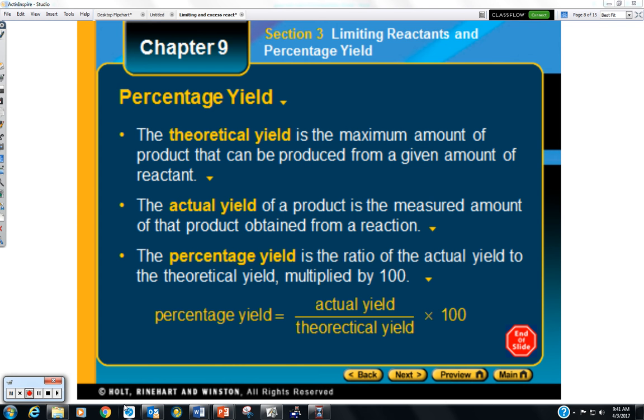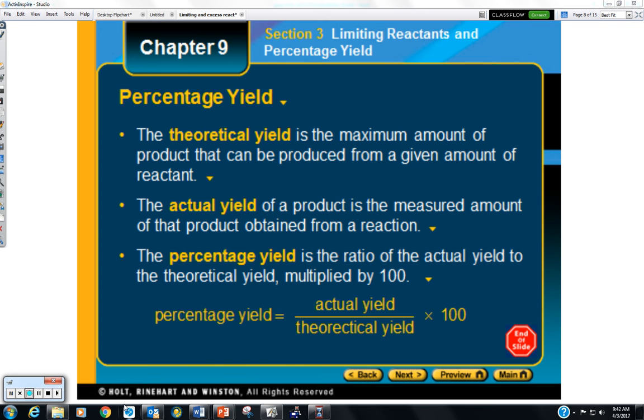Basically, what we're saying is if we did an experiment where we took X grams of this material, we want to know theoretically how many grams we can produce or how many moles we can produce. That would be if everything in the lab went exactly perfect, that you had 100% of what you put in come out. But we know that in a real world situation, you never get 100% efficiency.